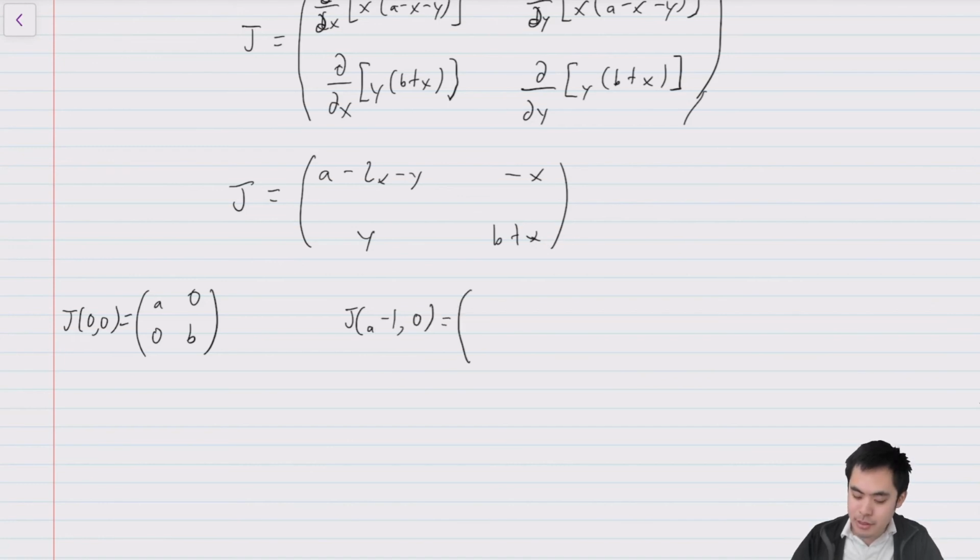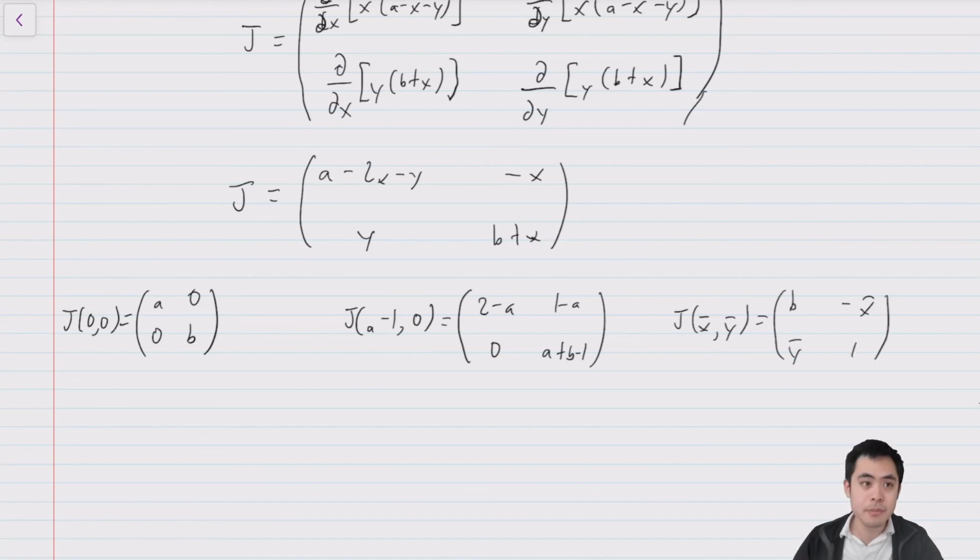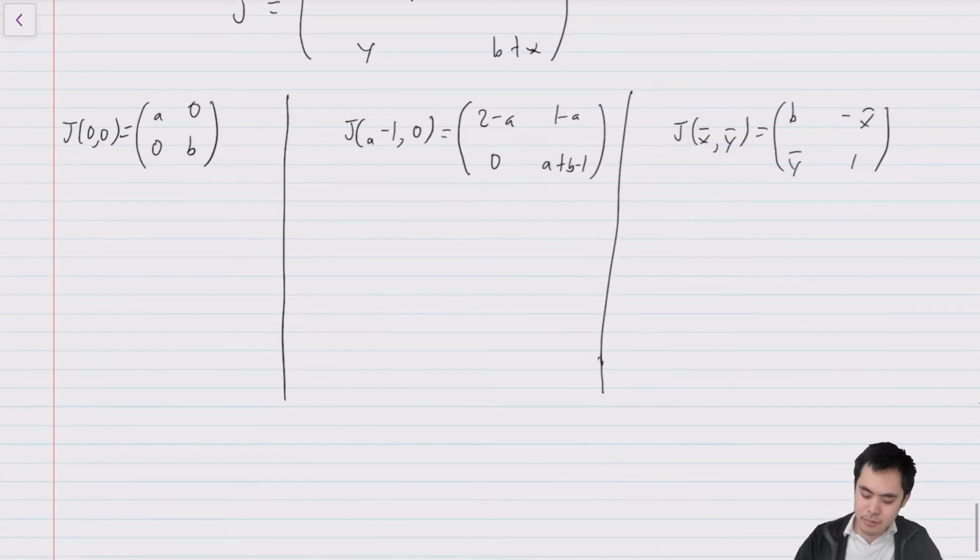When you plug that in, it's going to be 2 minus a, 1 minus a, 0, and a plus b minus 1. And then we also have the Jacobian of the final equilibrium, which is a bit more complicated, x bar, y bar. When you plug that in, and this is a little bit of algebra, but it's not too bad, that's 1, minus x bar, y bar, b, and 1. So let's examine each of these cases individually.